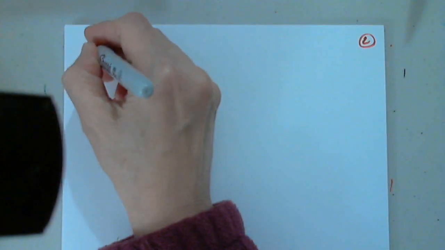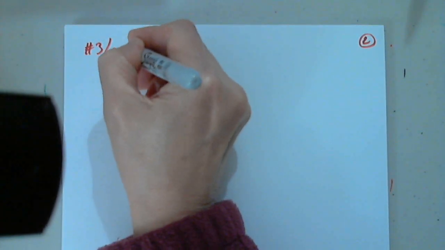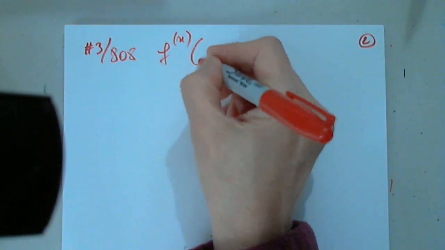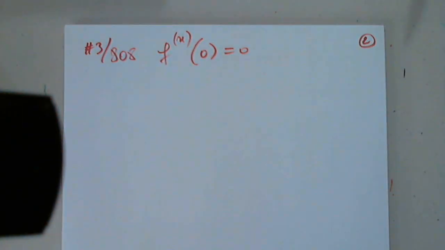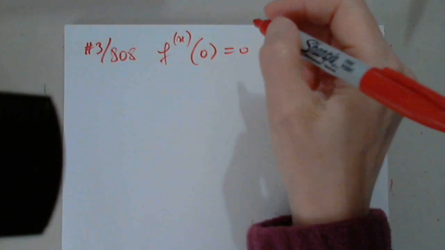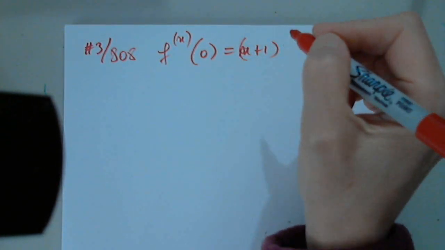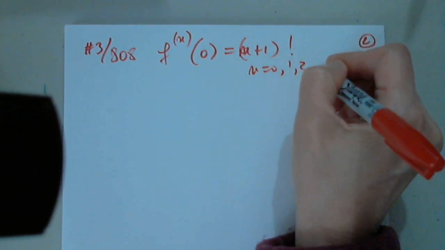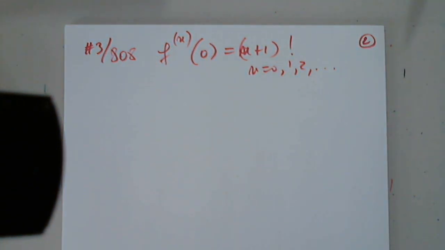Okay, so I think we're going next to look at some problems, and we start on page 808 with problem 3. It says, given the nth derivative of a function at 0 is n plus 1 factorial for n equals 0, 1, 2, and so on, find the Maclaurin series for f and its radius of convergence.